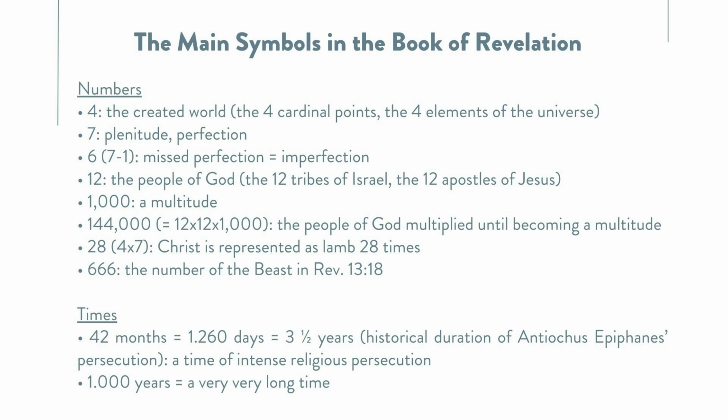Antiochus Epiphanes was the first to try to do so, and he did so in a very violent manner. This is why his persecution became the very type of intense religious persecution. And so 42 months or 1,260 days symbolize a time of religious persecution of God's people.